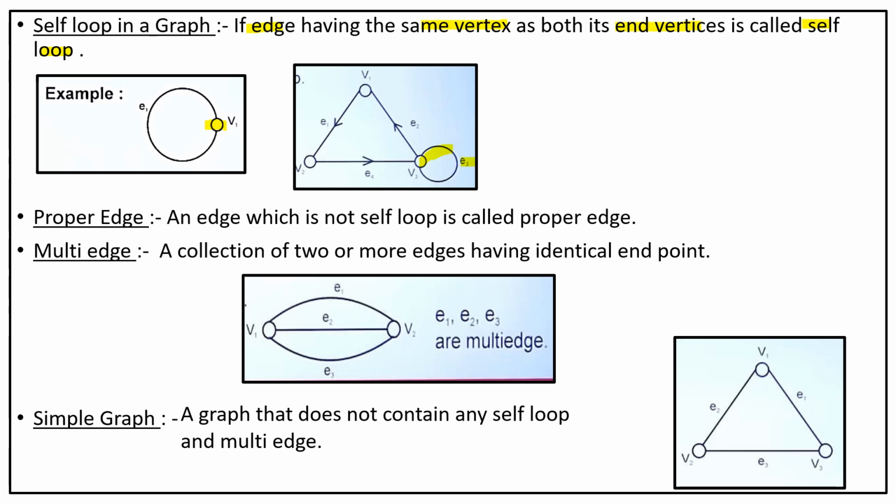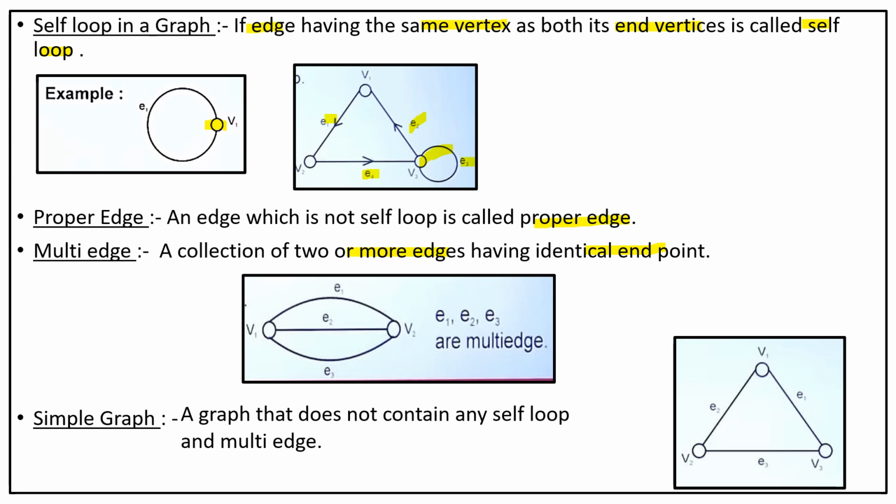Proper edge. An edge which is not a self loop is called a proper edge. If we consider this example again, we can see that edges E1, E2 and E4 are not forming any self loop. So they are considered as the proper edges of the graph. Multi-edge. A collection of two or more edges having identical endpoints is known as multi-edge.